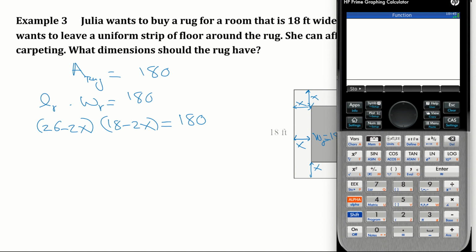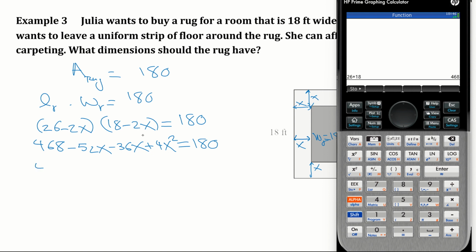So 26 times 18, that's 468. 26 times negative 2x will give us minus 52x. Now we're going to distribute the negative 2x. Negative 2x times 18, that's negative 36x. And negative 2x times negative 2x, that'll give us positive 4x squared. And that should equal 180.